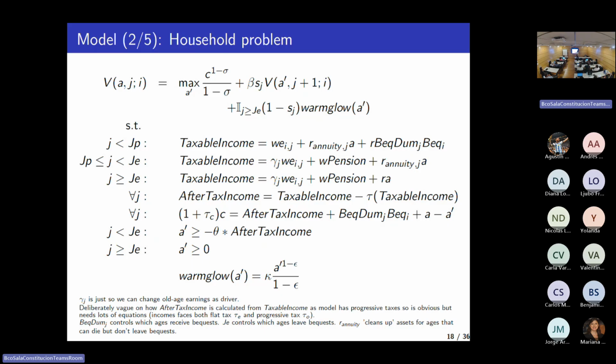So the taxable income changes a bit at everything. This gamma J is just so that we can change the old age labour force participation rate. But people's earnings follow a hump shape that's exogenous. They have some assets that they get interest on. People aged between 40 and 65 receive bequests and nobody else does.